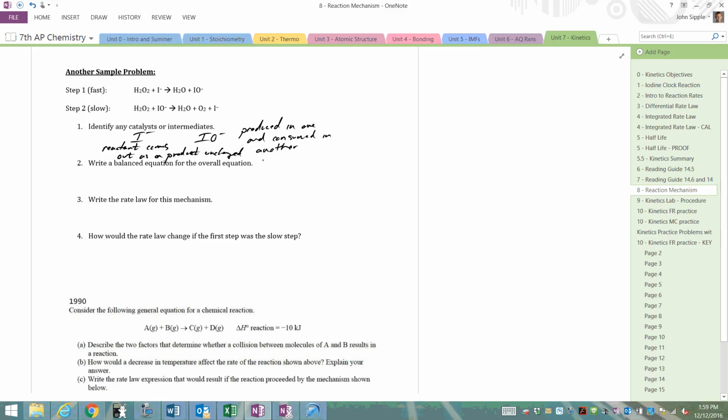So what's the balanced equation for the overall reaction? Add them together, and get rid of the intermediates and the catalysts when you add it together.